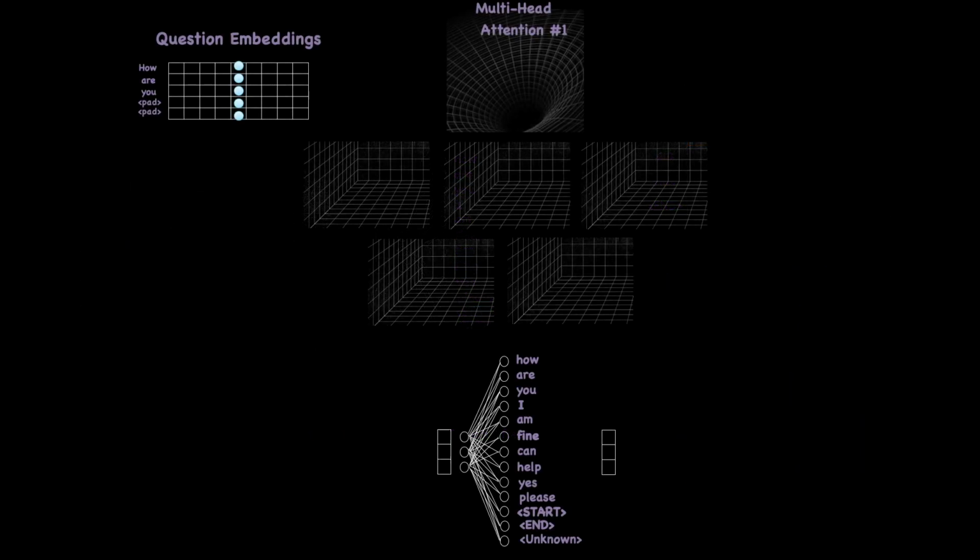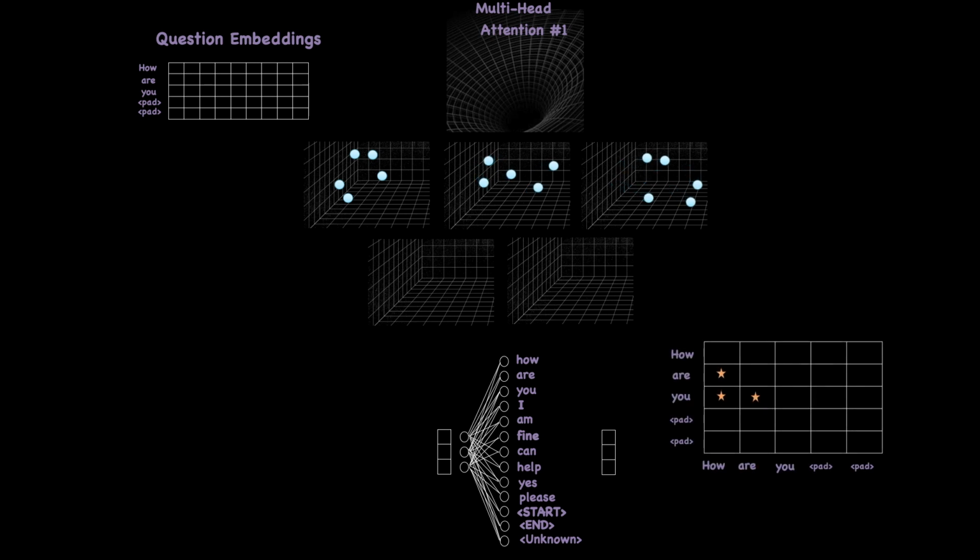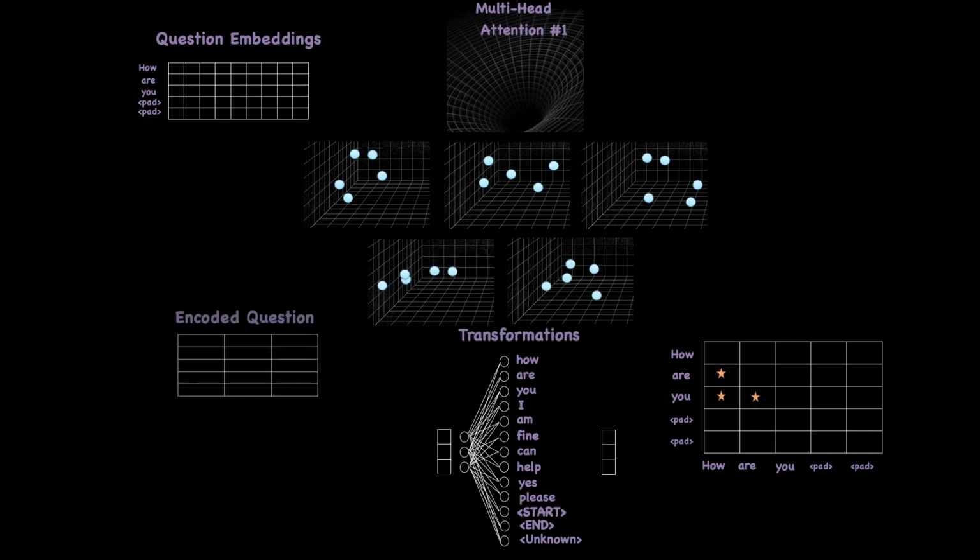Our first attention network will process the question embedding, storing the words, how are you? This attention network will process the question, applying a series of transformations to uncover relationships between the words of the question. We call this applying self-attention on the question. The result is the encoded question matrix.